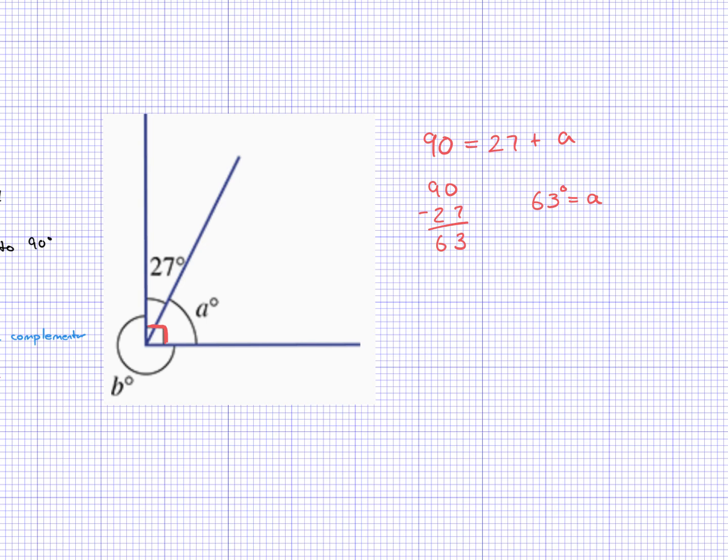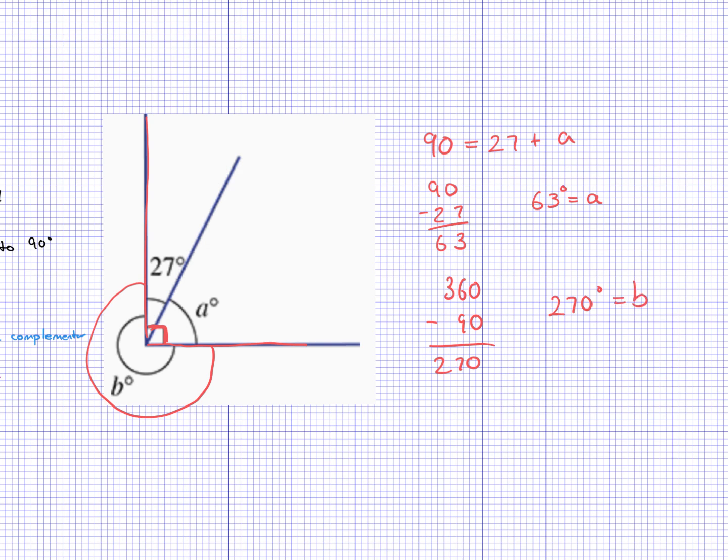Now to find B, we're going to use another property. We're going to use revolution or reflex angles. We know that the blue arms together make 90. I know that in a full circle there are 360. I already have 90 here, so B is the leftovers. So 360 take away 90 is 270, and that is what B equals.